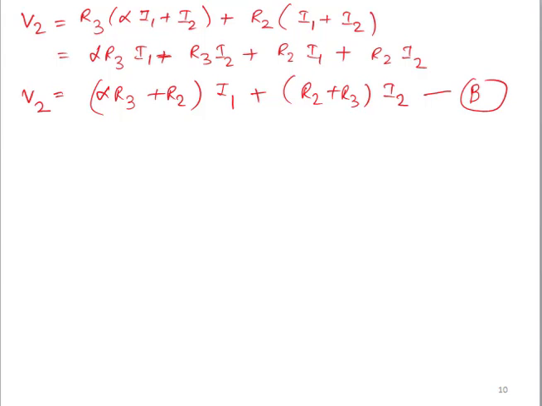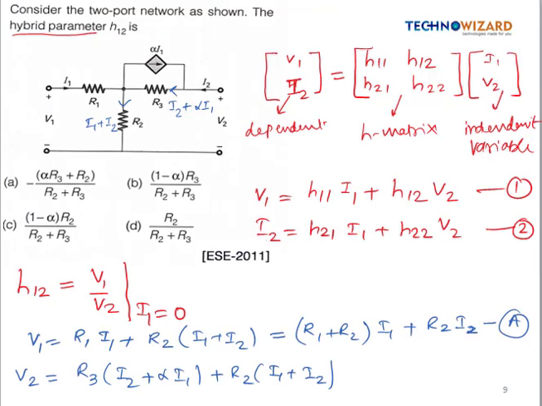Now we have to calculate the h12 parameter value. For that the I1 current will be 0. If we substitute the value of I1 as 0, then from equation A we get the expression of V1 as R2 into I2.